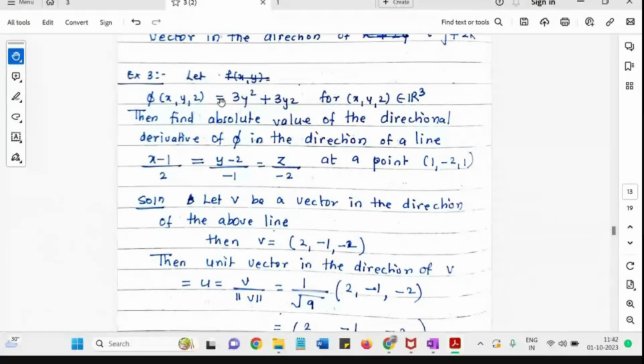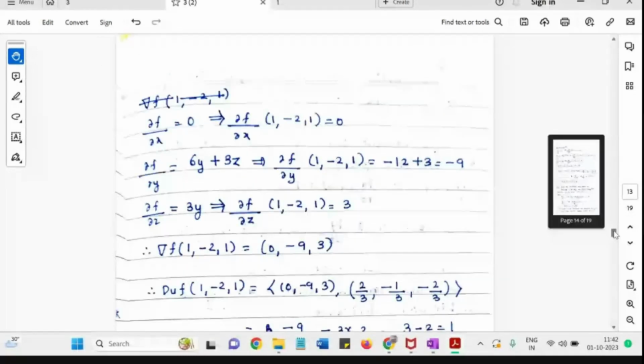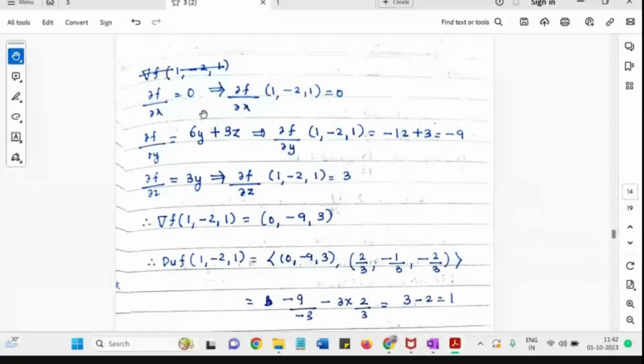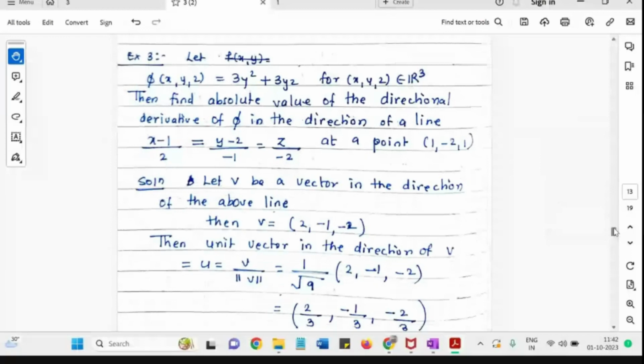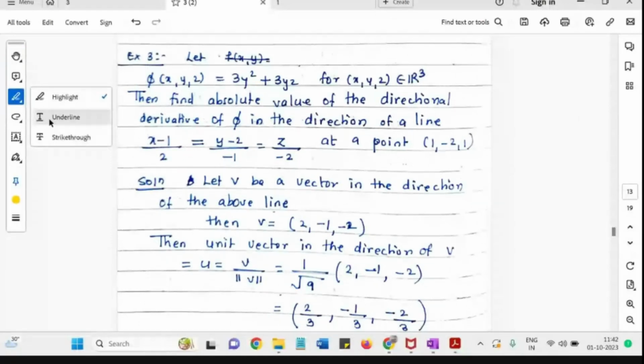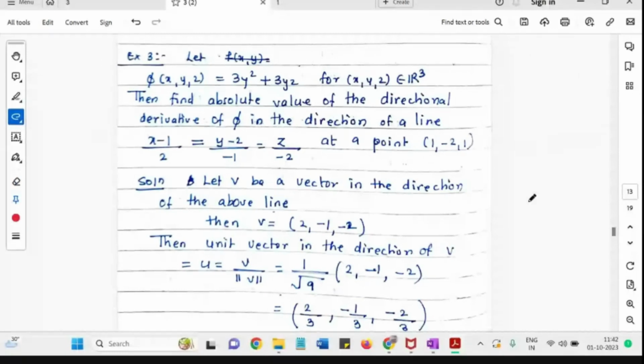The function is given, the point is given, so I can calculate my gradient. Let us see the calculation of the gradient first. The function is 3y squared plus 3yz.